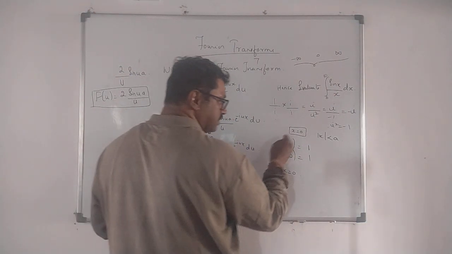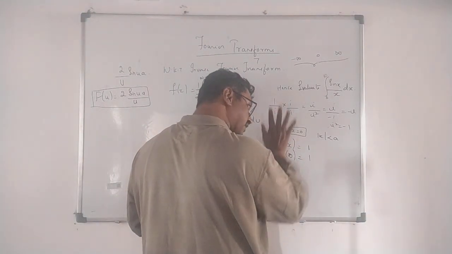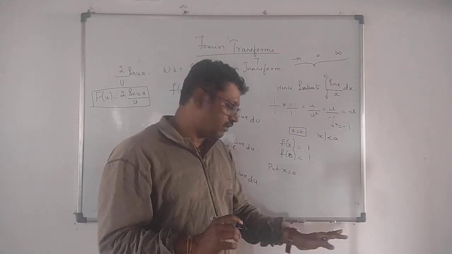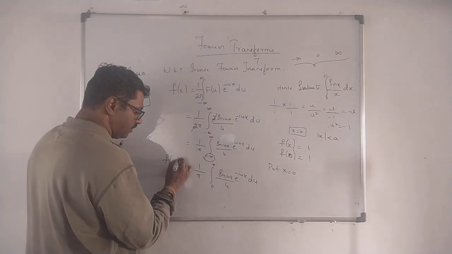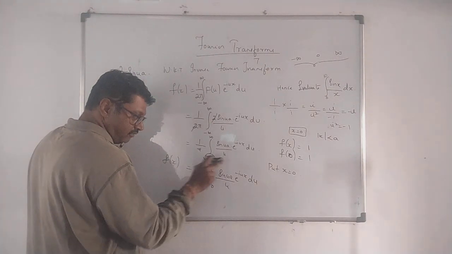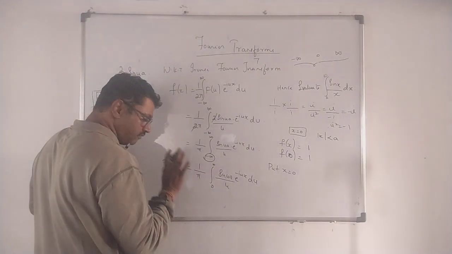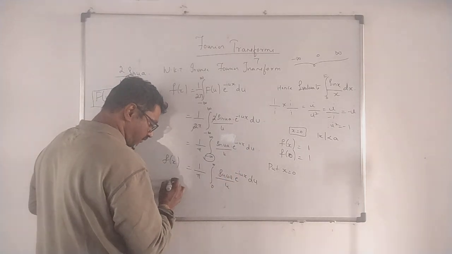If some term in x were there, we should have supplied it here. Since f of x itself is a constant 1, f of 0 will be 1 only. After putting, we have to put x equal to 0 here also. So be patient. F of 0 is equal to 1.